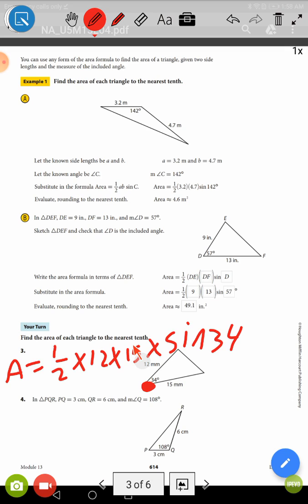Use your calculator and find our answer. To the nearest tenth, it equals 50.3.